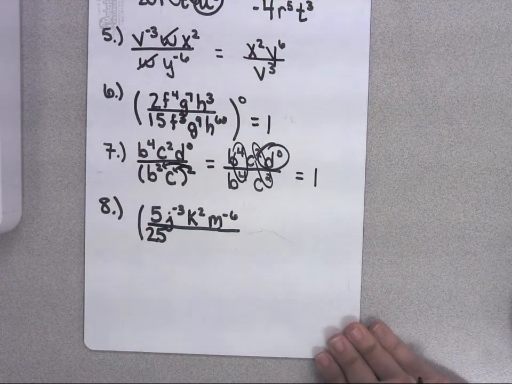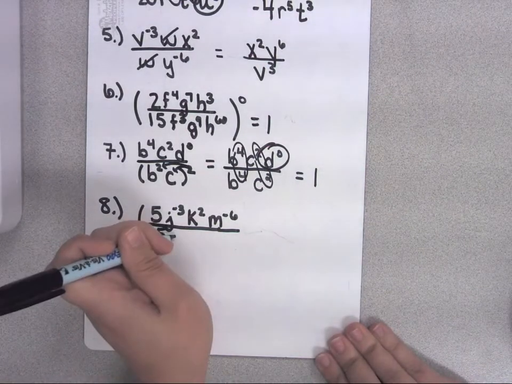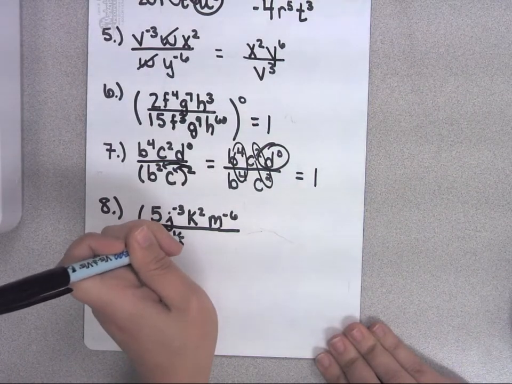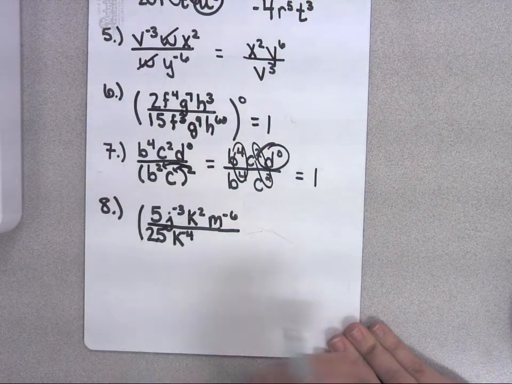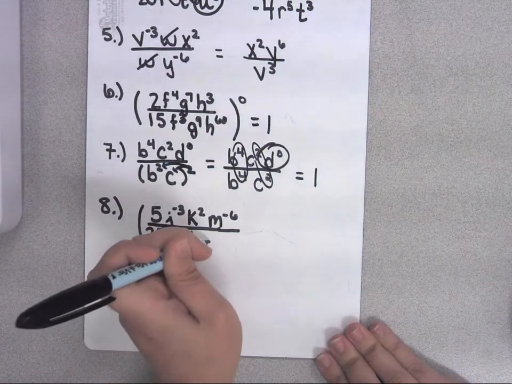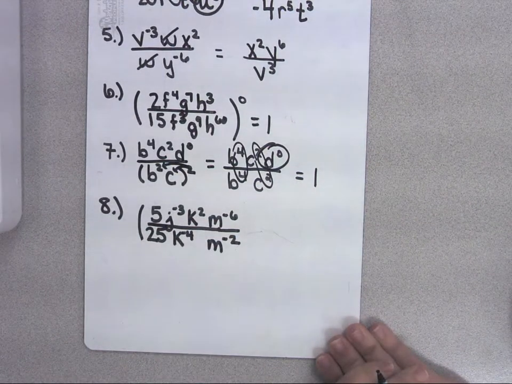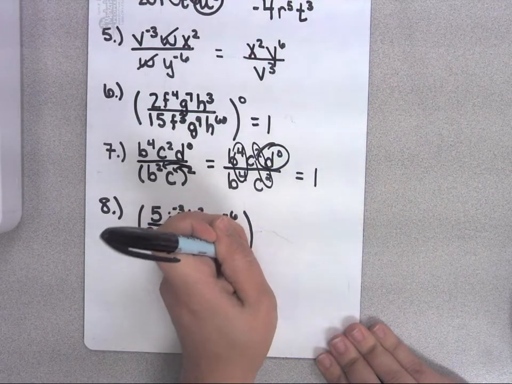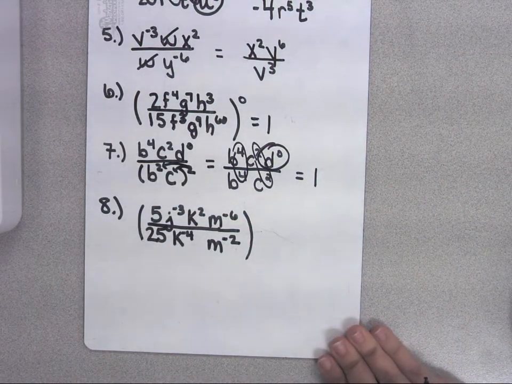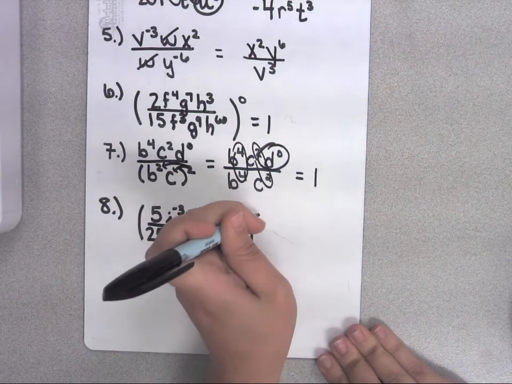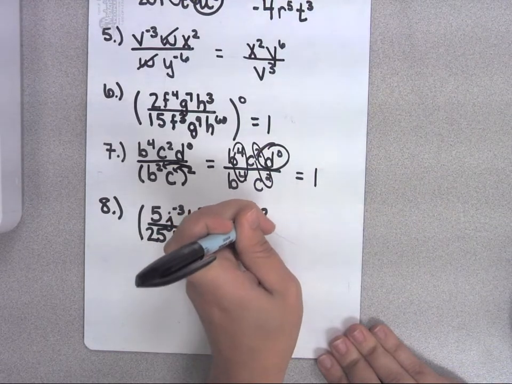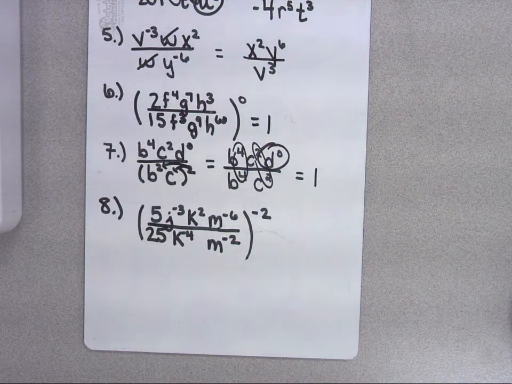Bottom 25 K to the negative fourth, M to the negative second. Close your parentheses. Ready? All of it to the negative second power.